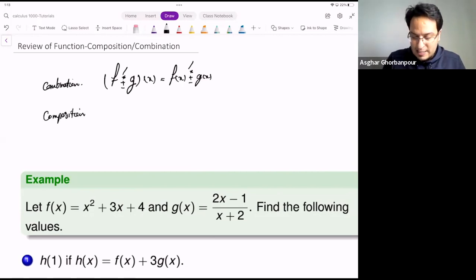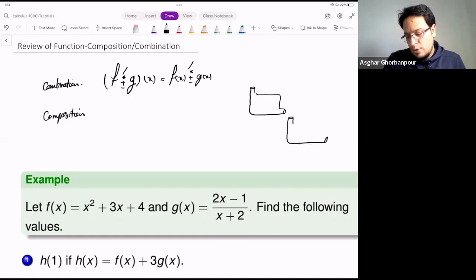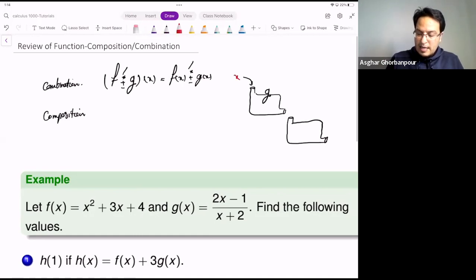Well, this is very nice with the picture of each function as a machine. So if you have a function g, you put in x as an input, it spits out an output g of x. Now you take that g of x and plug it into the second function. This is a machine.